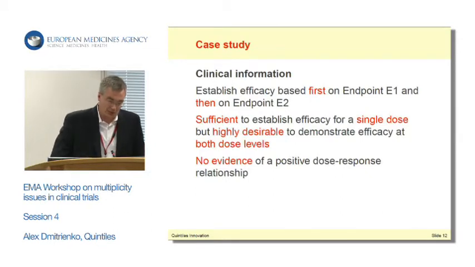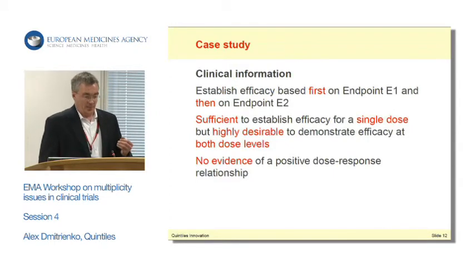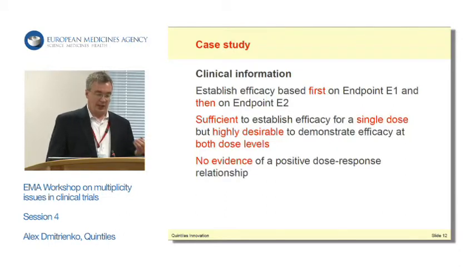The clinical information that went into this process is summarized on the slide. The sponsor realized that endpoint E1 is the primary endpoint, so obviously the very first objective is to demonstrate a beneficial effect on the primary endpoint, and only then to proceed to the secondary endpoint.